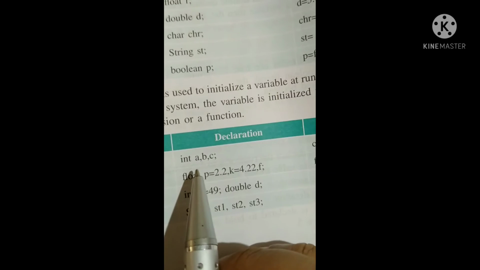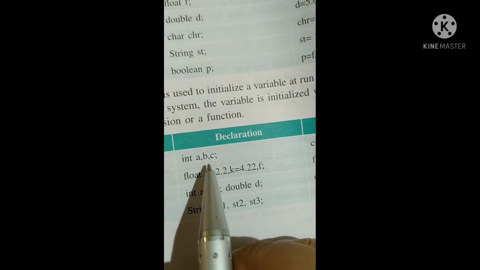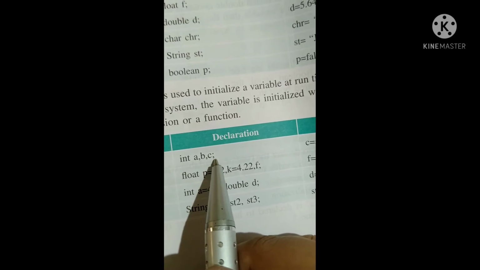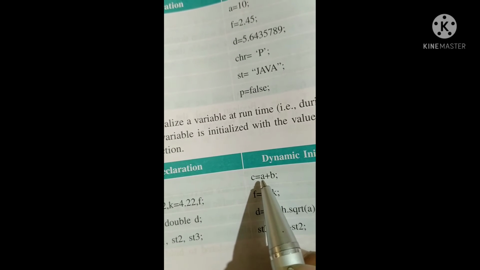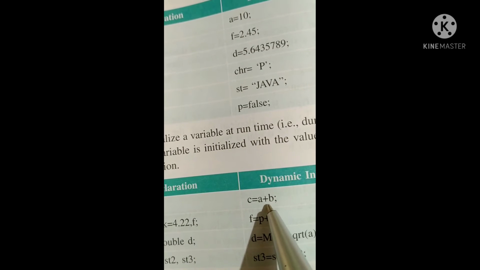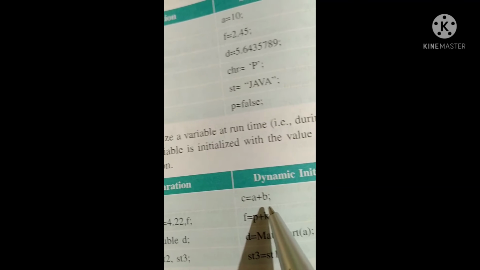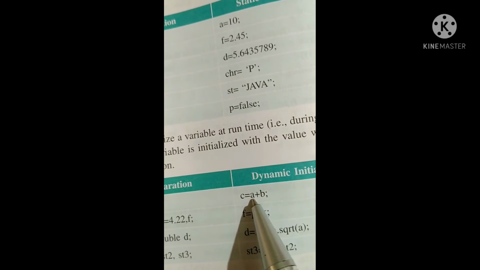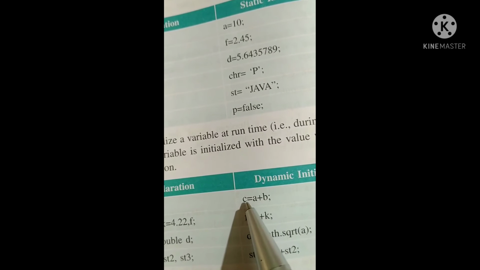You see, we are using a separator, comma, to separate the variables. Now c equal to a plus b. So at the time of execution we will give the values of a and b, then we will get the value of c, like this. In the list it is given.